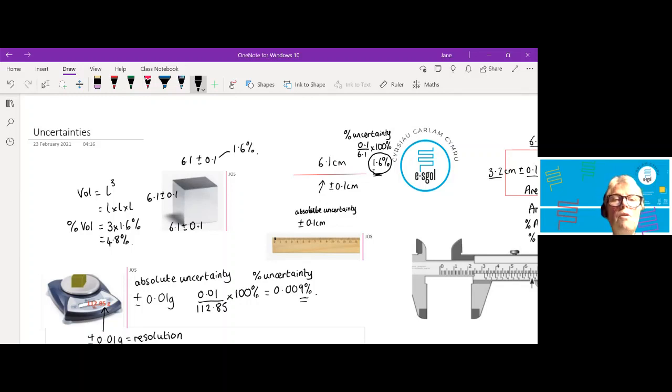And this also holds if you've got a sphere, 4/3 pi r cubed for the volume, then you can times whatever the radius uncertainty is by 3, or the diameter, because the diameter and the radius percentage uncertainty will be the same, because you're using it 3 times in the equation. And we would write it to one significant figure. So the percentage uncertainty in the volume here would be plus or minus 5%.